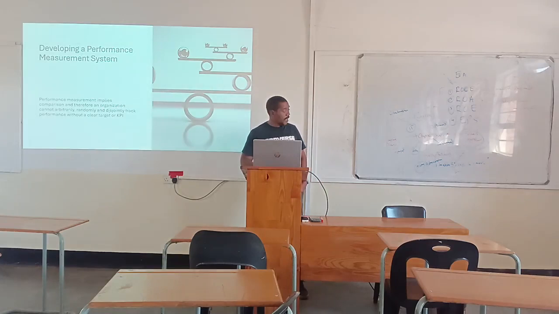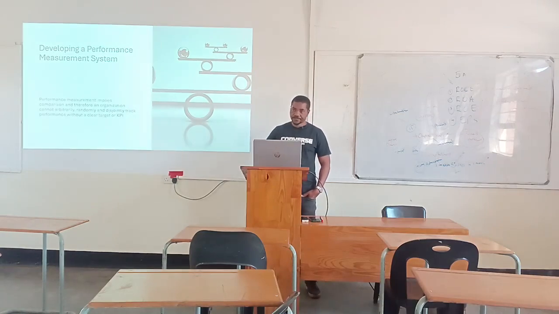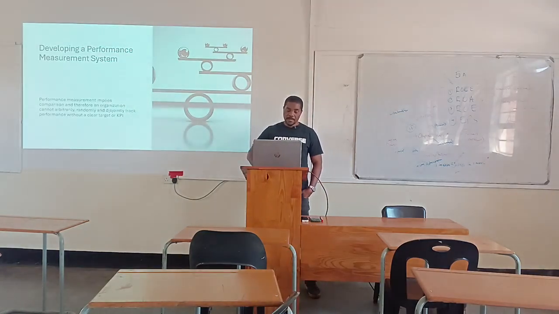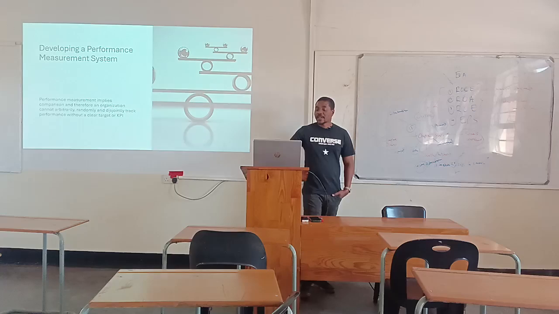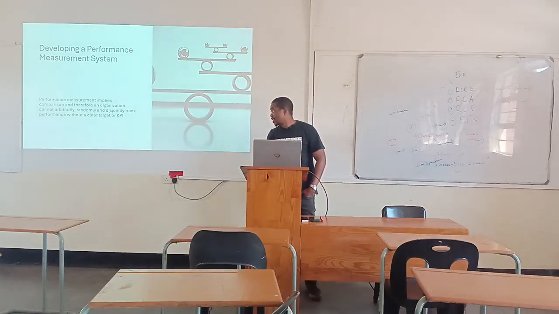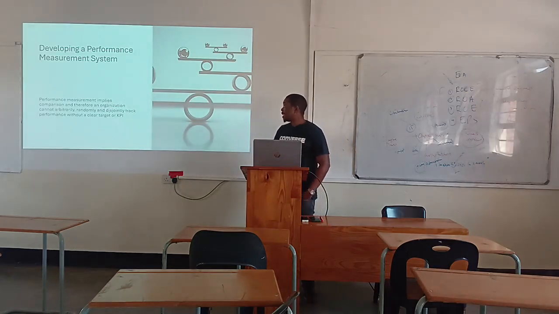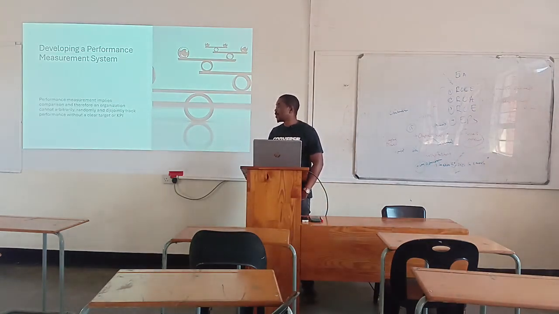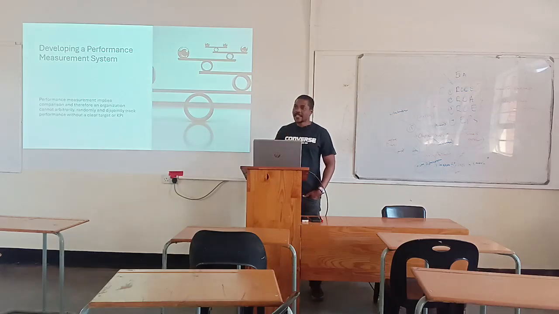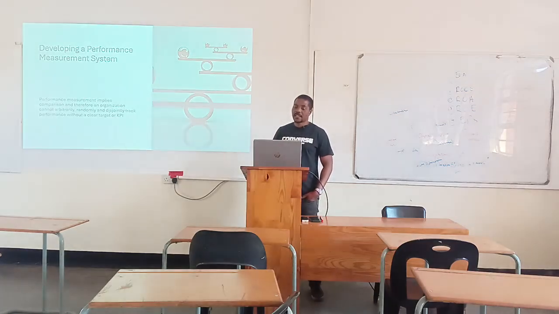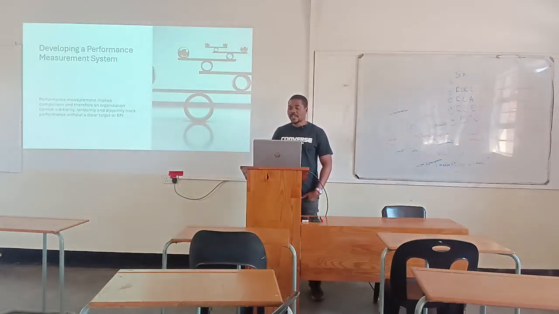So we are saying we have set 5% increase in sales in a month for our sales team. Performance measurement implies comparison, and therefore an organization cannot arbitrarily or randomly or disjointly track performance without clear, distinct targets or KPIs.